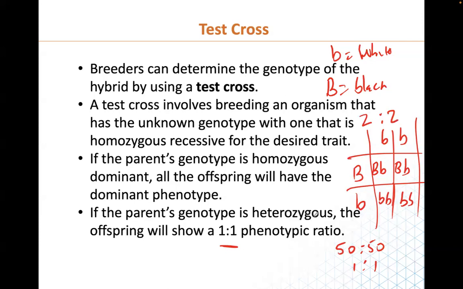Also, if you want to do the genotype, you would see that the genotype is 2 to ratio 2. And the phenotype is also 50 to 50, which is 1 to 1. So this is the way it is if you have a heterozygous dominant for the unknown genotype.